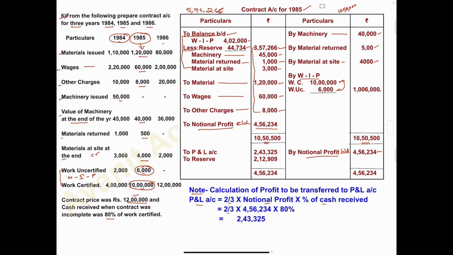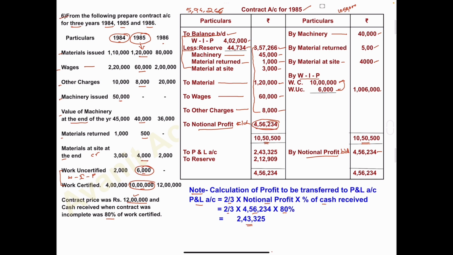In this 1985, notional profit is 4,56,234 into percentage of cash received, that is 80%. Calculated. 2/3 into 4,56,234 into 80%. You will get 2,43,325.